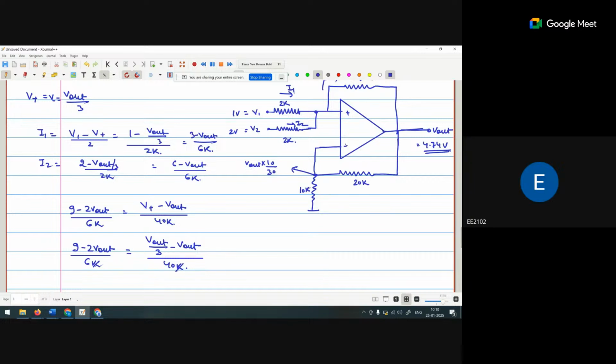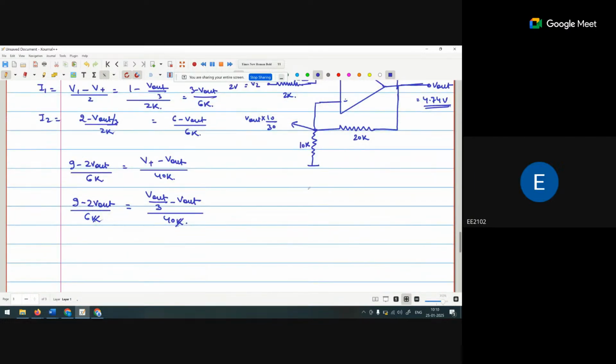So K and K will be cancelled out. If I multiply by 3 and 20, so 9 minus 2 V out is equal to minus 2 V out by 20 into 3, and 3 will be cancelled out with 3. So 180 minus 40 V out is equal to minus 2 V out.